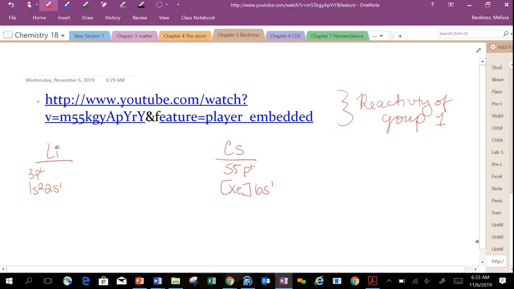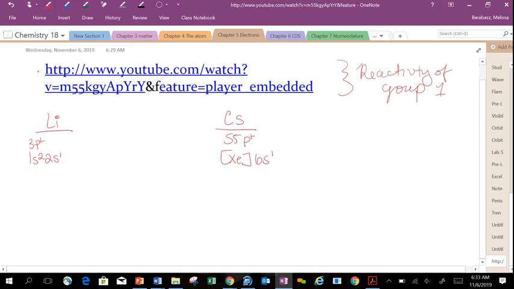So we know that they both have 1 valence electron right away, because the highest energy level for lithium is 2 with 1 electron, and for cesium the highest energy level is 6 with 1 electron. In order to stabilize, to become the octet or the duet, because lithium wants to become a duet, to get a full shell, they're both going to lose 1 electron.